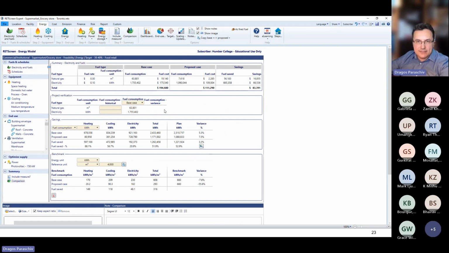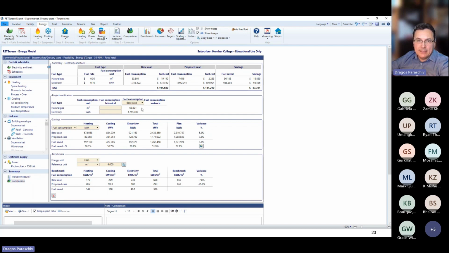Now, this, as I introduced the example to you, is just based on the archetype. So I did not have an actual billing I wanted to compare with, so I don't have that data here. But if this is your store, you would have the historical data that you use as a reference. And the purpose of this input here is to make sure that the model is reasonably calibrated.